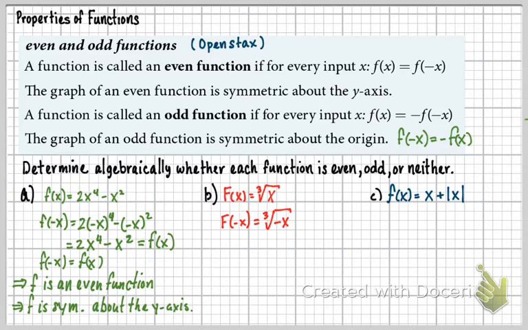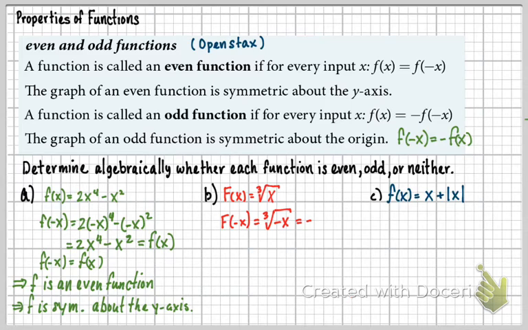So if that was negative 1, the cube root of negative 1 would be negative 1 times negative 1 times negative 1, which is still negative 1. So in a sense, the negative will always come out because it's an odd index.